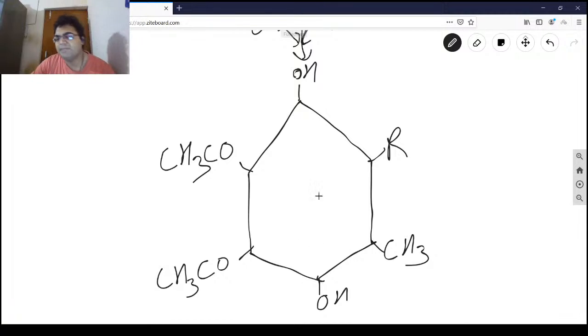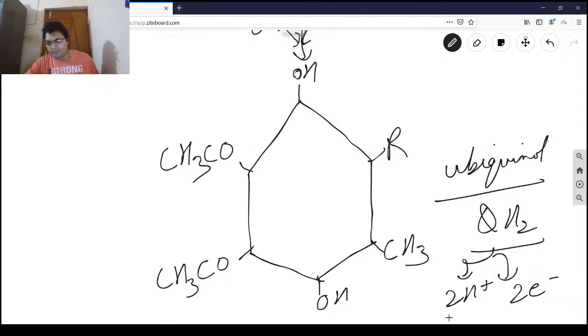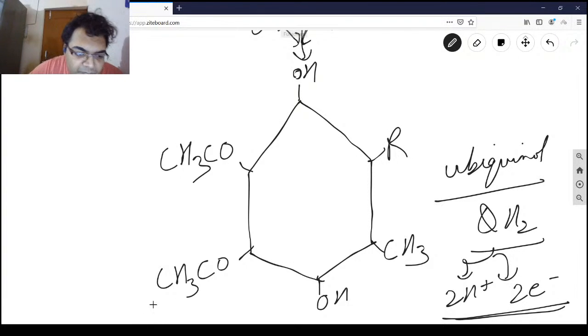Both the double bonds have been converted to OH. Now this has become completely reduced ubiquinol. This QH2 contains 2 H plus and 2 electrons. So what are its constituents? It contains 2 protons and 2 electrons. Like this you can demarcate it.